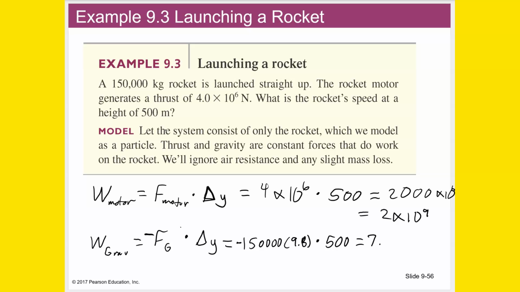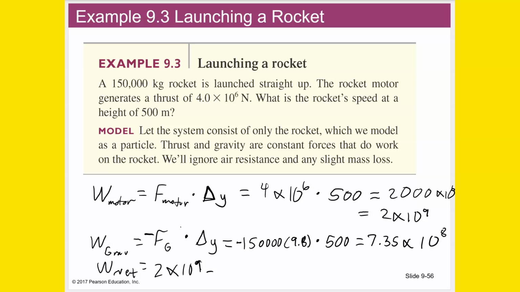That is 7.35 times 10 to the 8th. So the net work is going to be 2 times 10 to the 9th minus 7.35 times 10 to the 8th. Let's see what that is.